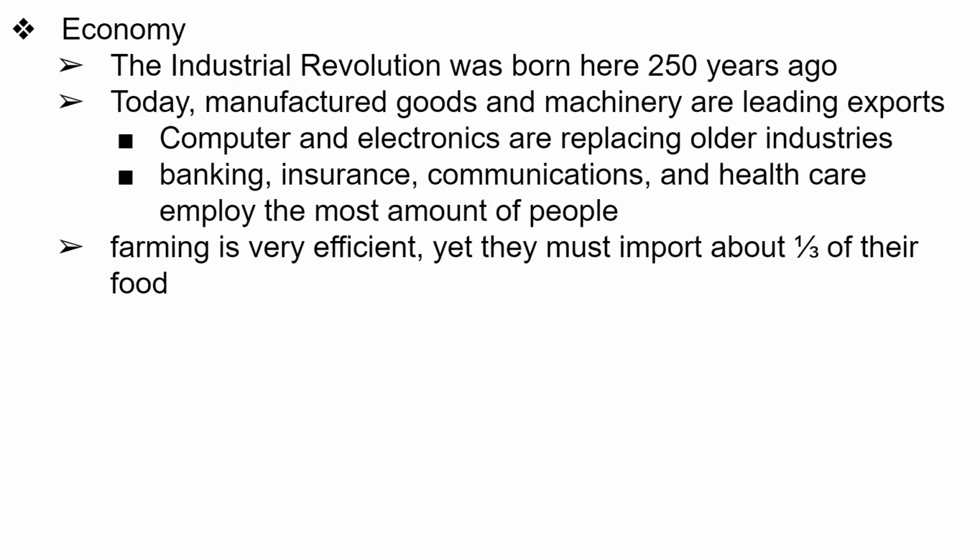They had the technology, so the steam engine. They also had the workforce. You're also going to see that some of the earliest agricultural advancements, like crop rotation, begin here in the UK as well. So certainly a history of innovation in the United Kingdom.